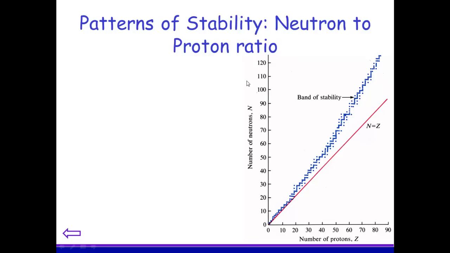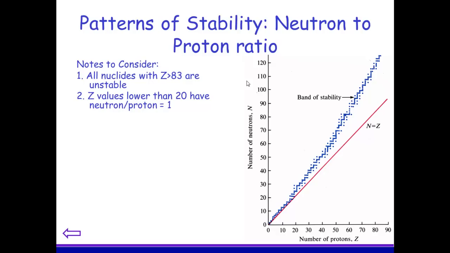Now let's look at this graph in a little bit more detail and just extract some useful points. So first of all, beyond a proton number of 83, all elements are unstable. They have the potential to give off radioactivity in some way. They want to be less than that. Okay? So they're in an unstable situation.